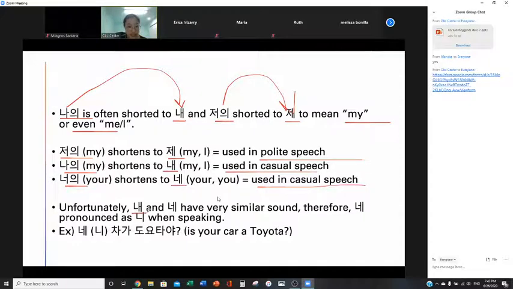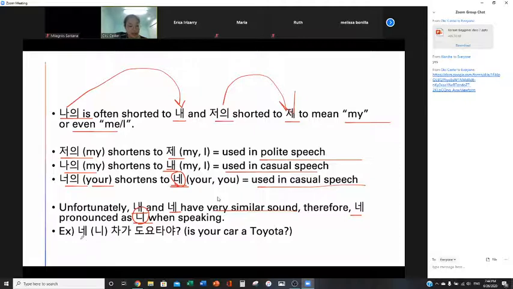So unfortunately, 내 and 네 are very similar sounds. Most likely there is no different sound. So therefore, 네 is pronounced as 니 when you're speaking, to be more differentiated, because they're very similar. When you're saying your, the spelling stays the same.